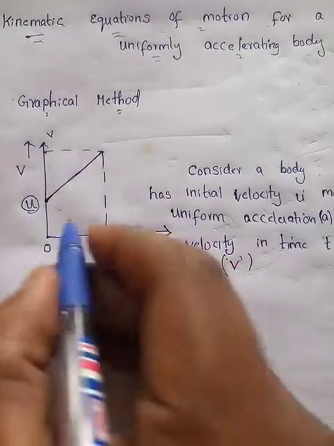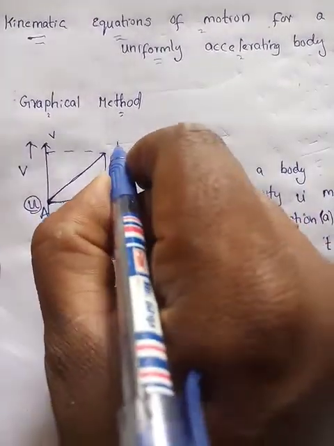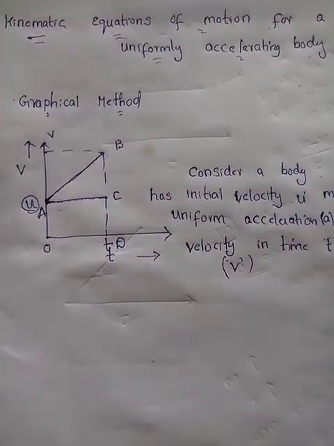So we have written what we explained. Let us take that a, b, c, d are the points we represent on the graph.